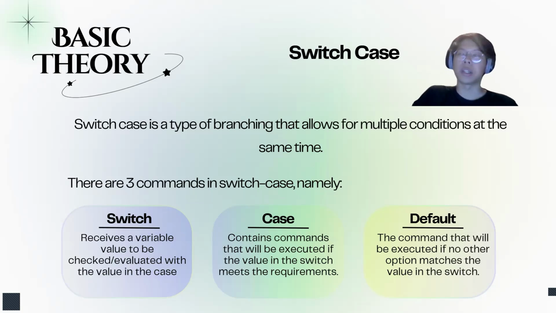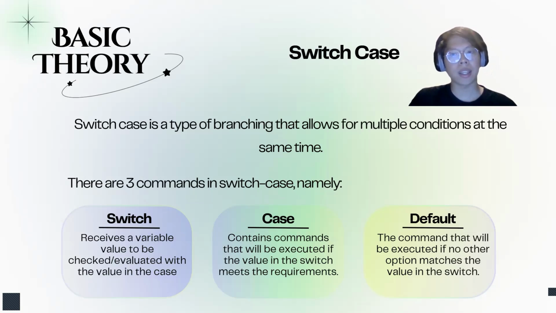Before we get to the code, we have to know the definition of a switch case. In this presentation, a switch case is a type of branching that allows for multiple conditions. For a simpler explanation, a switch case is similar to if-else conditions.